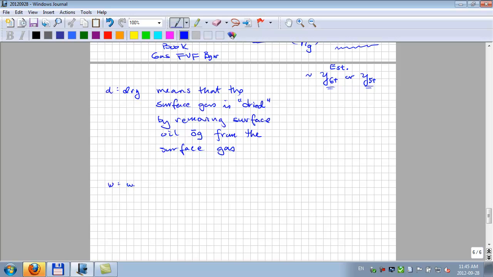W stands for wet, and it means that we assume all of the surface gas is equal to the reservoir gas. Okay?